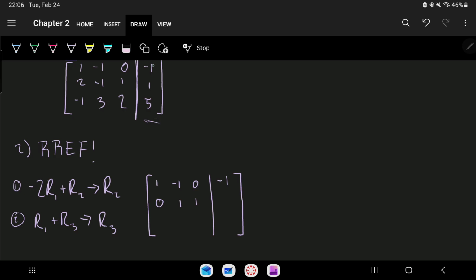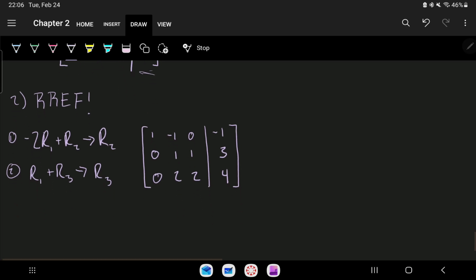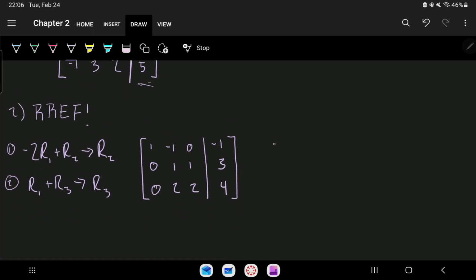Negative 2 times negative 1 is 2, plus 1 is 3. And for this, should be simpler, right? Okay, so the third step, I want to use this as a pivot and eliminate these guys, right?